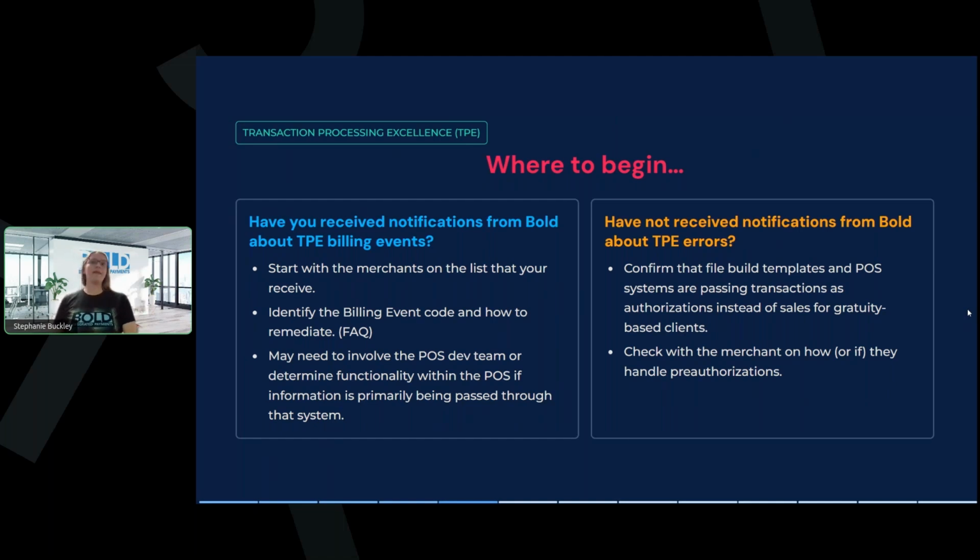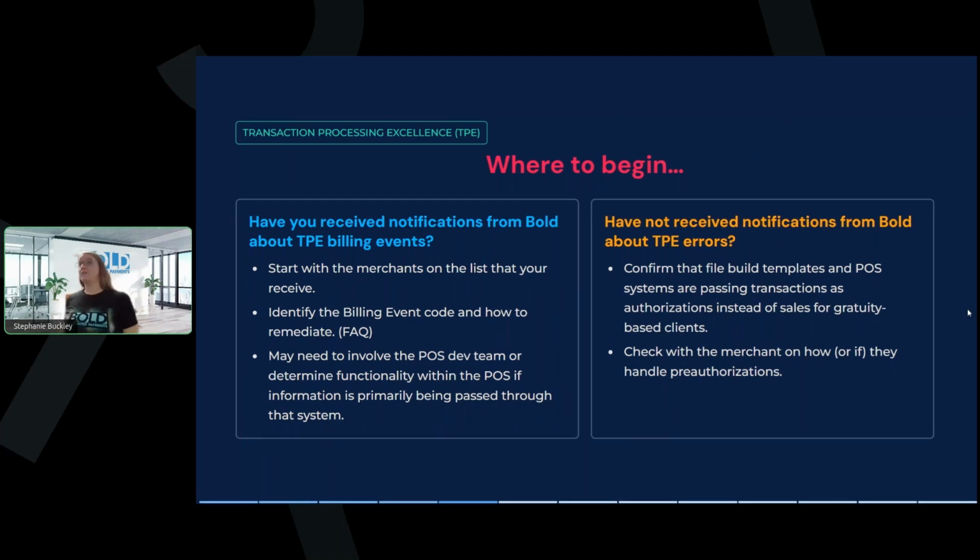More than likely, it is going to be pre-authorizations that are incorrectly handled at the end, or final authorizations running as a sale instead of an auth, where you're trying to adjust a tip on top of it. Depending on the integration and how the merchant is set up, you might have to communicate with the POS software dev team to make sure they know transactions are going through as sales instead of authorizations.